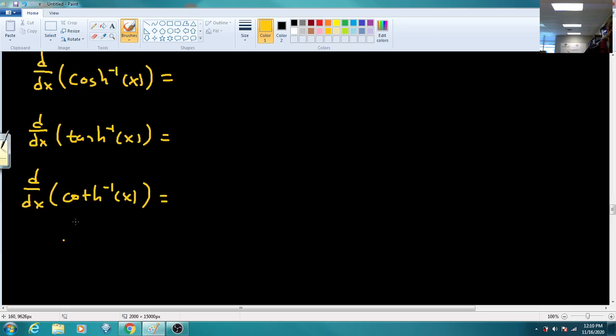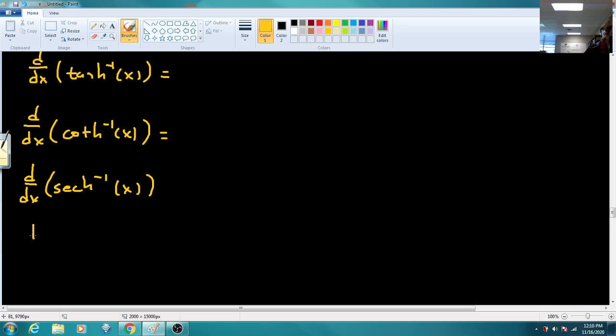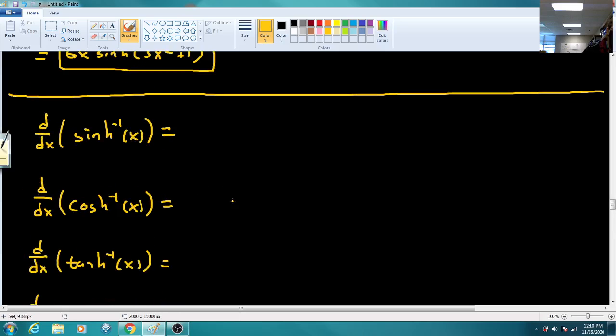So these are the inverse hyperbolic trig functions. Alright, so this will be the equation. Then over here we'll have the domain, which is where this exists, or the domain of each of the individual functions. So this will be the equation of the derivative, and this will be the domain of the function.